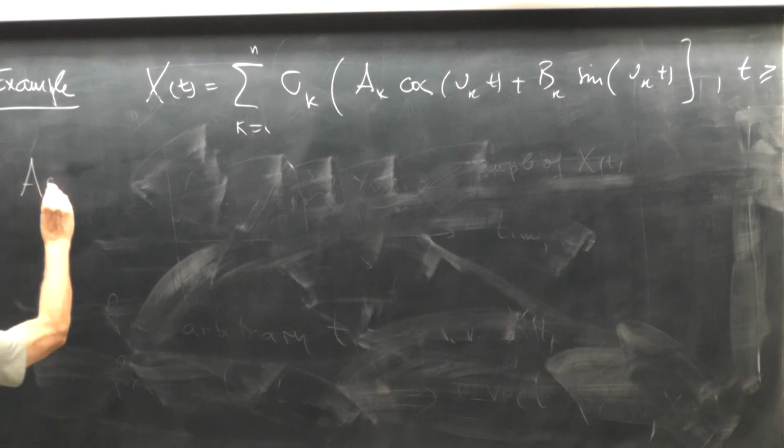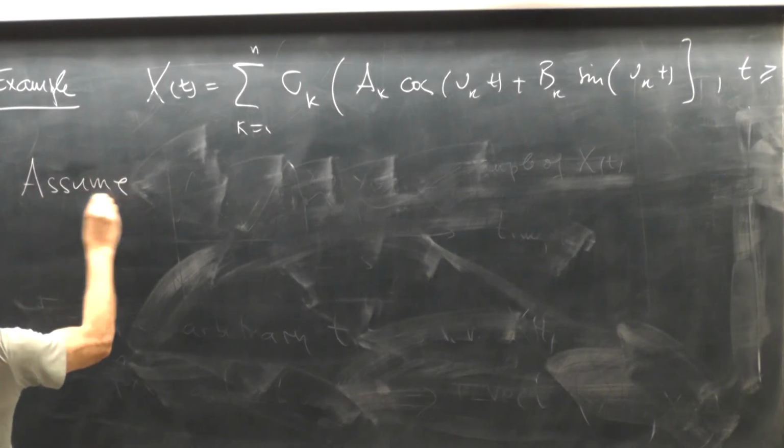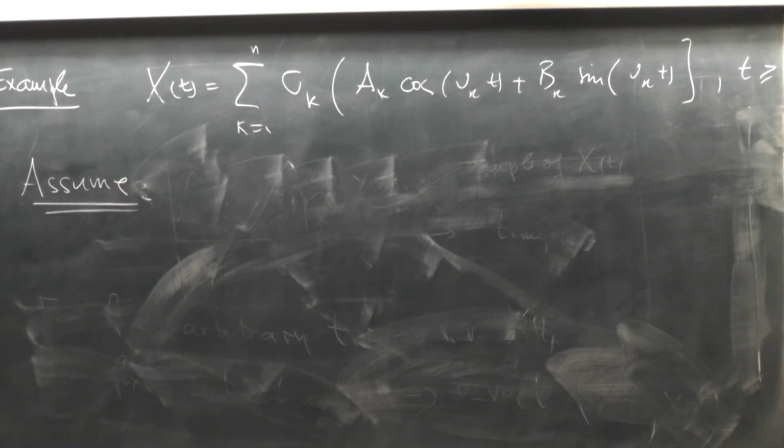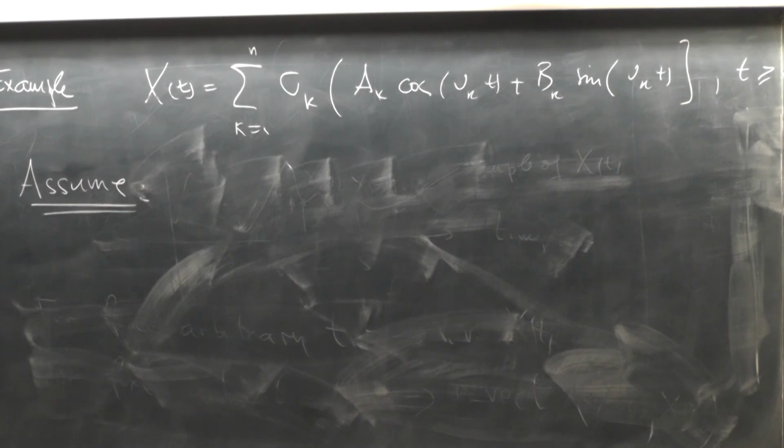We are going to do this calculation under the following assumptions. I'm going to assume that these random variables A and B are uncorrelated with zero mean and unit variance. So these are the assumptions.